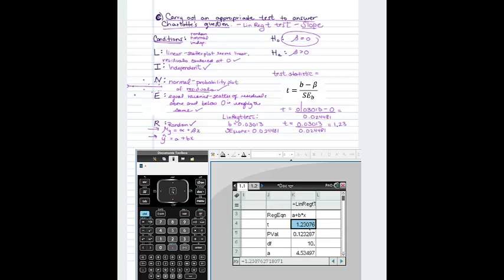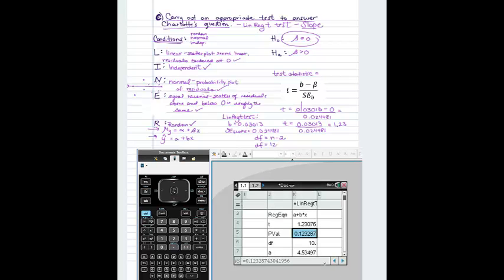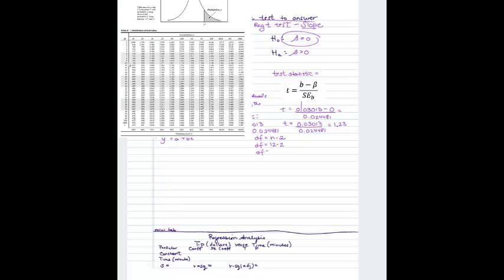That is our t value. Now, the tricky part with this is that your degrees of freedom for this is n minus 2, not n minus 1. So we've got 12 minus 2, and you're going to be looking up in the t chart for degrees of freedom of 10 and a t value of 1.23.